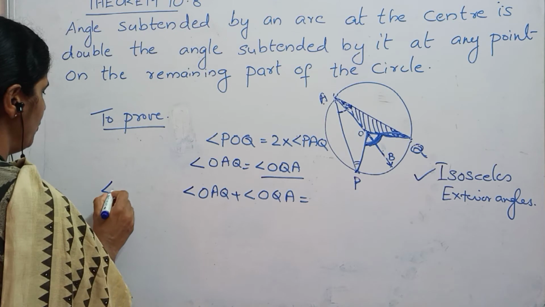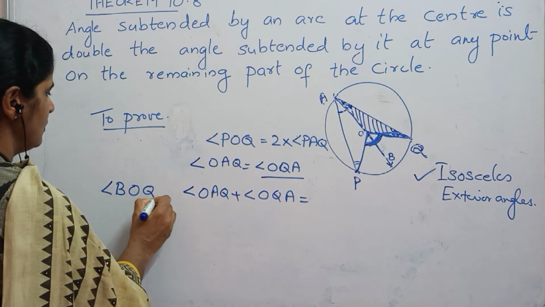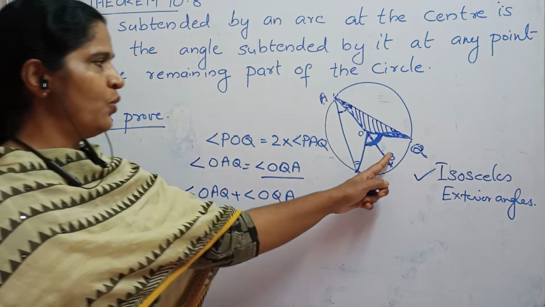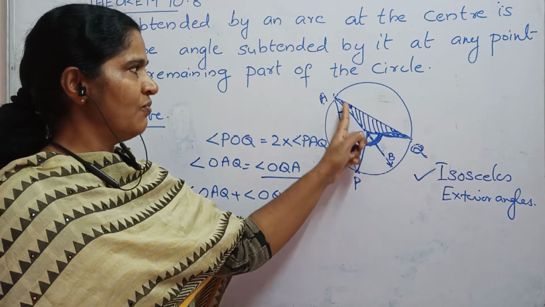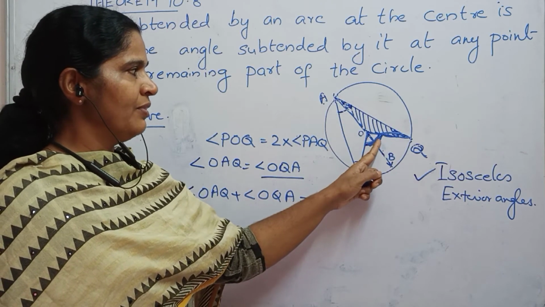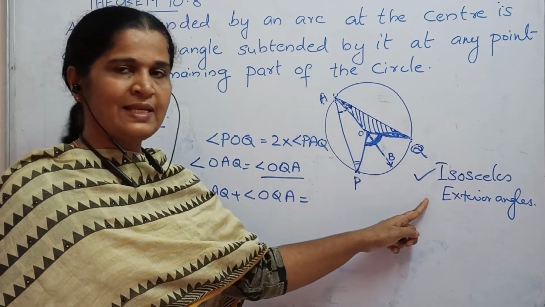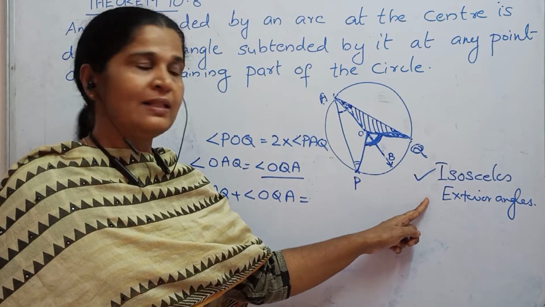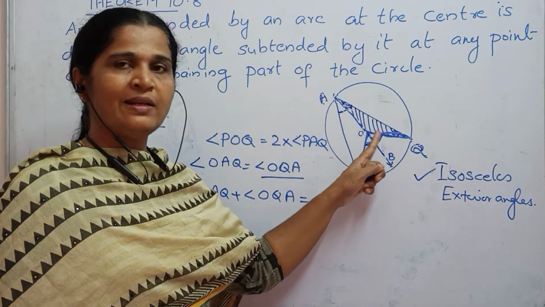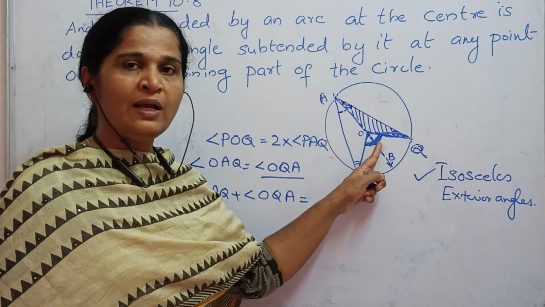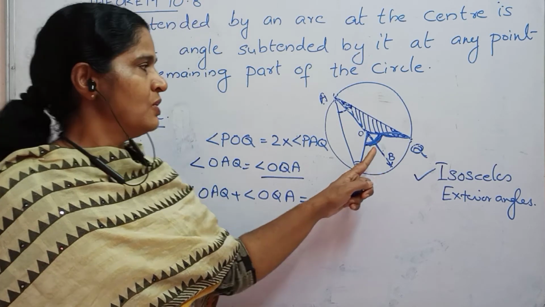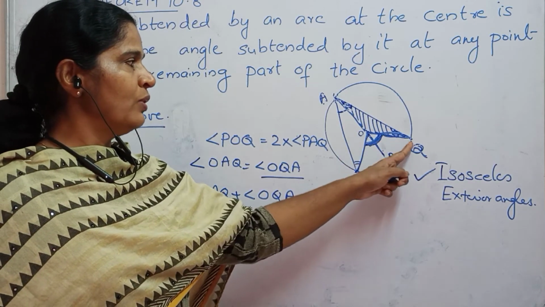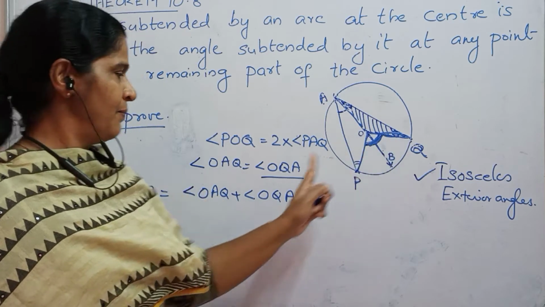Angle BOQ is the exterior angle of this right side triangle. The exterior angle property says that in any triangle, the sum of the remote interior angles is always equal to the exterior angle. So here, BOQ will be the sum of these 2 angles.